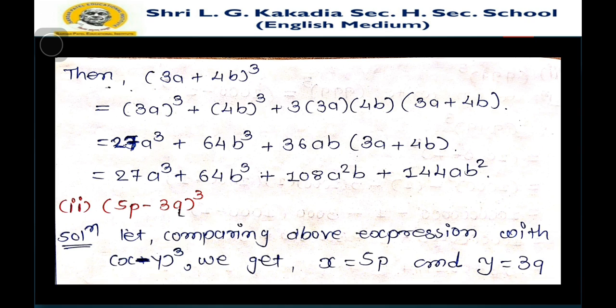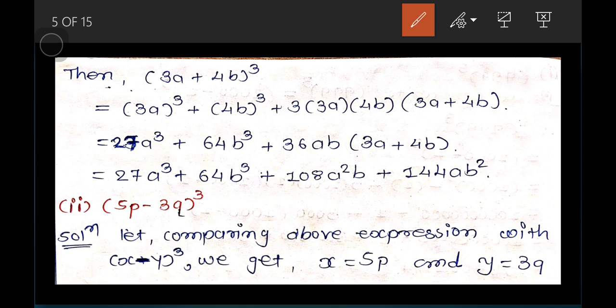Then (3a + 4b) cube is equal to, as we know, x cube + y cube + 3xy(x + y). So (3a) cube + (4b) cube + 3 into 3a into 4b into the bracket (3a + 4b). Now we multiply this product. (3a) cube is 27a cube, (4b) cube is 64b cube, 3 into 3 is 9, 9 into 4 is 36, and a into b, and (3a + 4b).